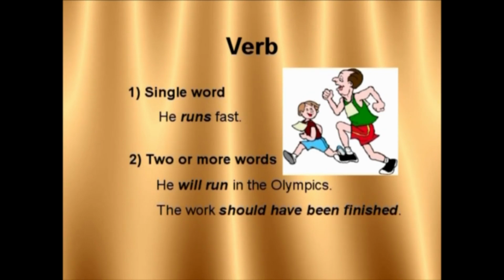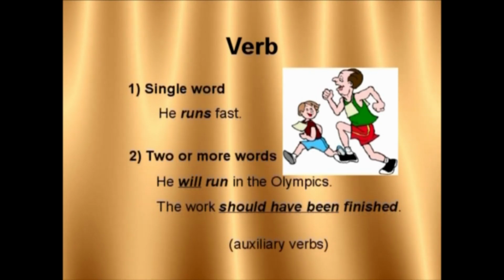"The work should have been finished." The verbs in these sentences are "will run" and "should have been finished." Run and finished are the principal words. The words will and should have been are helping verbs. These helping verbs are called auxiliary verbs.